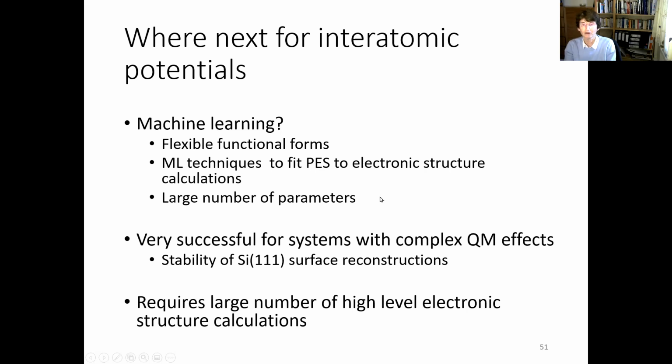It does require a very large number of very high-level, highly accurate electronic structure calculations, because if you try to fit to not-so-accurate calculations, then you're probably not going to get good potentials. But I think it's definitely the way things are moving towards, maybe not for all materials, but for some. And I will finish there and see if anybody would like to ask any questions.